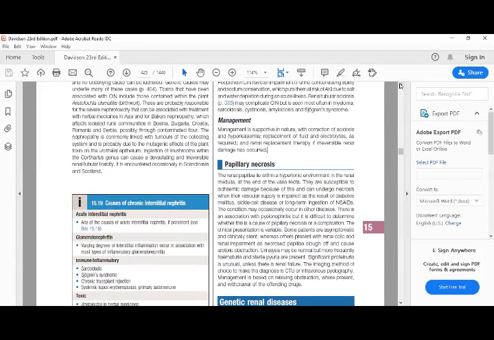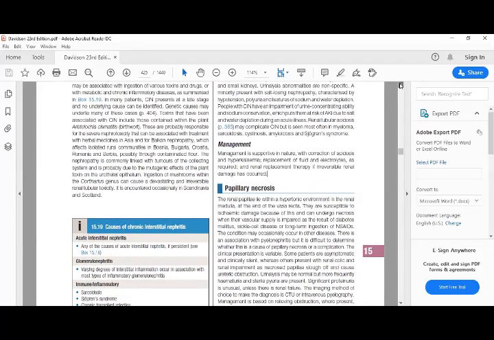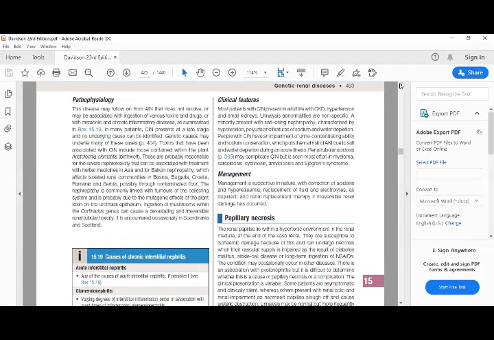Pathogenesis of chronic inflammatory nephritis: this disease may follow on from acute interstitial nephritis that does not resolve, or may be associated with exposure to various toxins, drugs, metabolic and chronic inflammatory diseases.